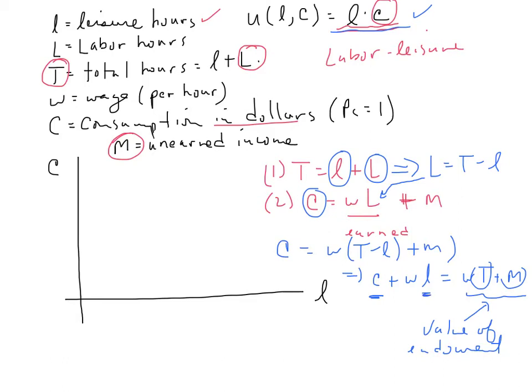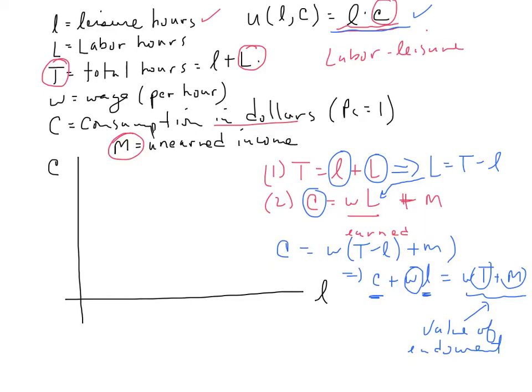Now, of course, you don't buy leisure by putting money into a meter or giving it to a store clerk. So this wage, which is considered to be the price of leisure, is an opportunity cost price. For each extra unit of leisure you consume, right, you're giving up W dollars in consumption. So that's how we think about that price, W.